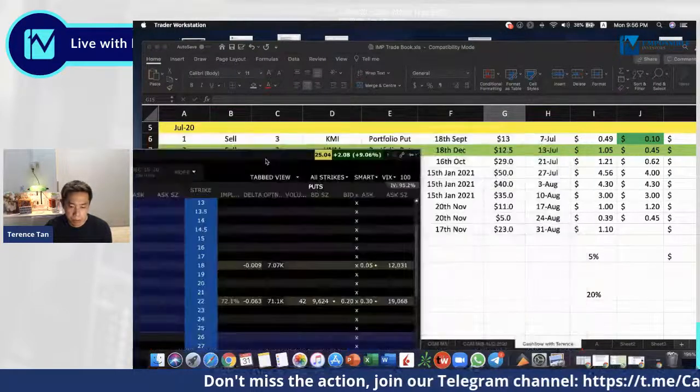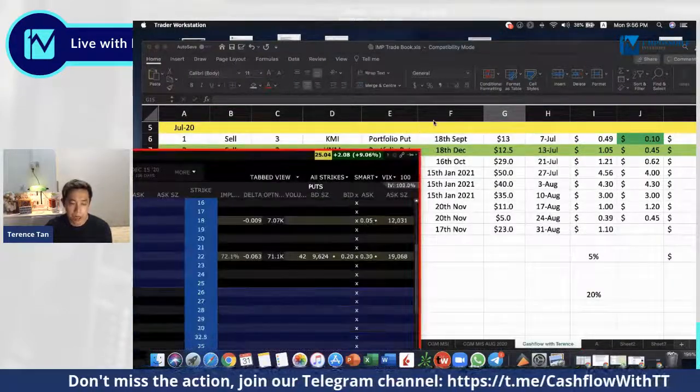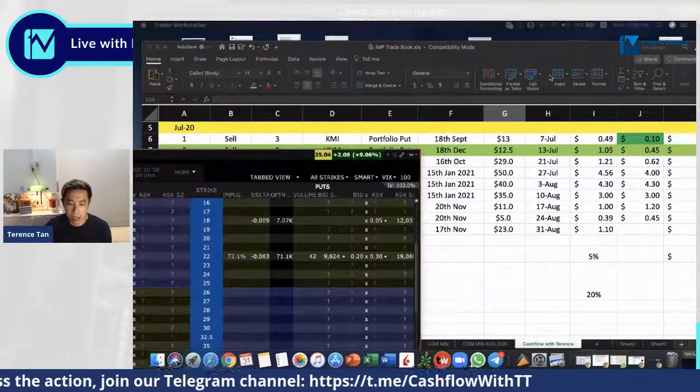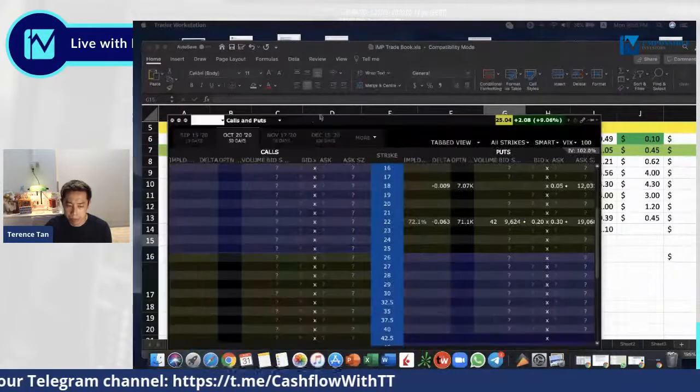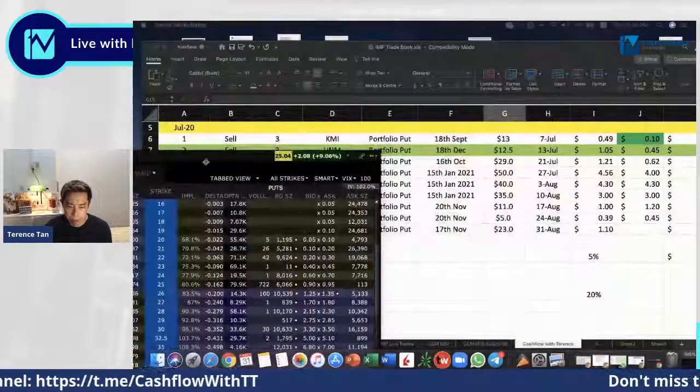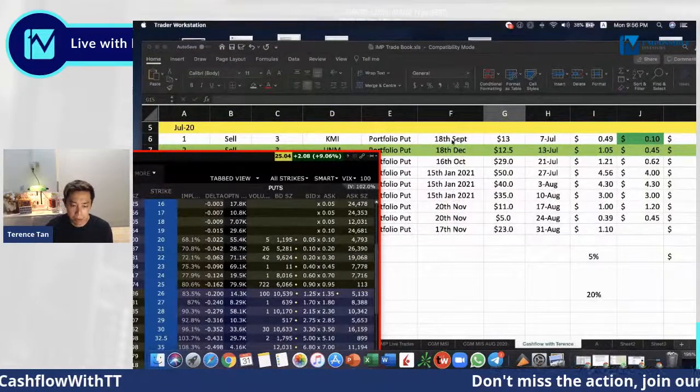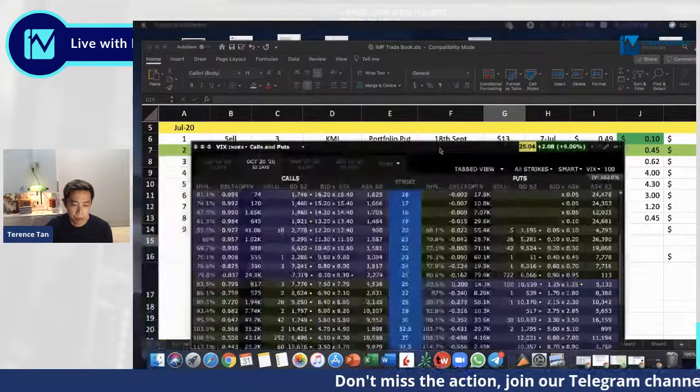Oops. Sorry, the computer is lagging on the back end. No idea what it's trying to do.